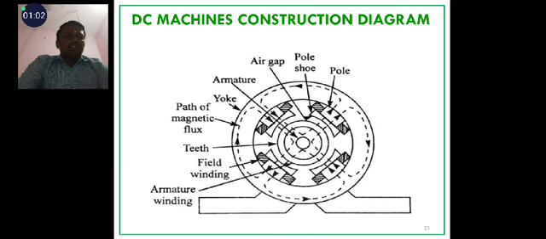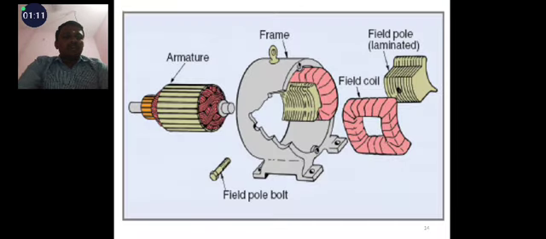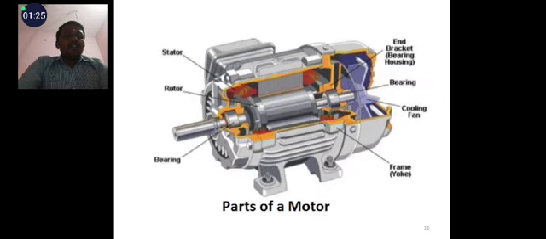This is the inner part of the construction: armature, frame (the outer side of the machine), field coil, field poles, field pole bolt. These are the constructions. And one more diagram shows the parts of a DC motor: shaft, bearing, rotor and stator are the motor parts.